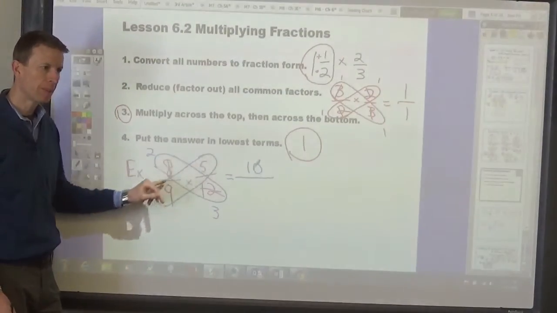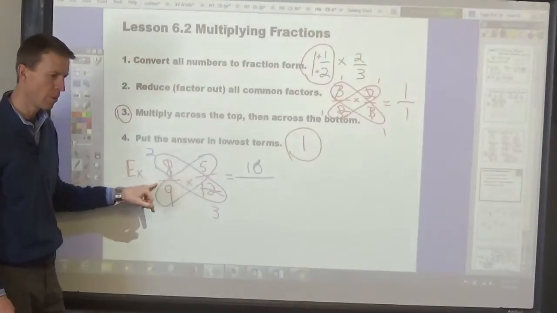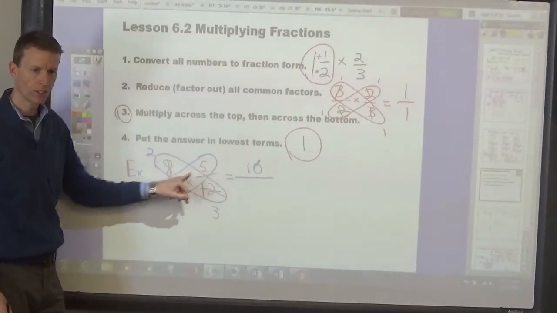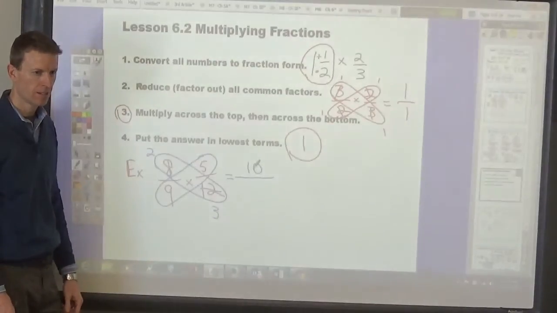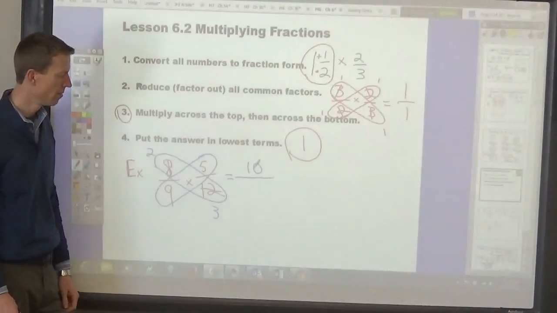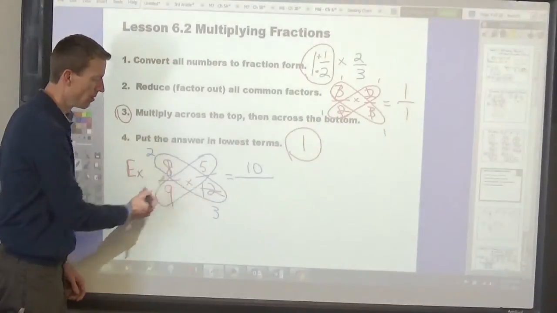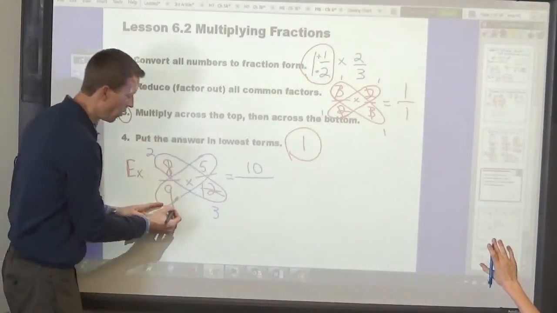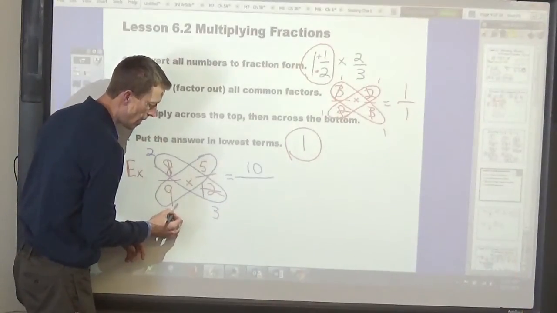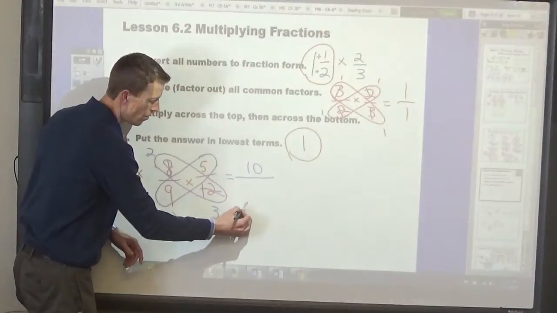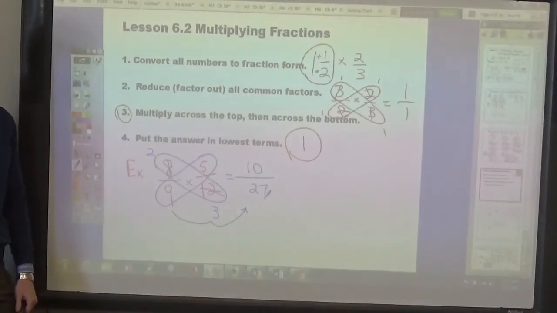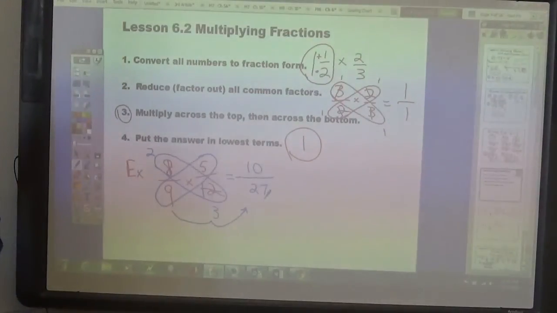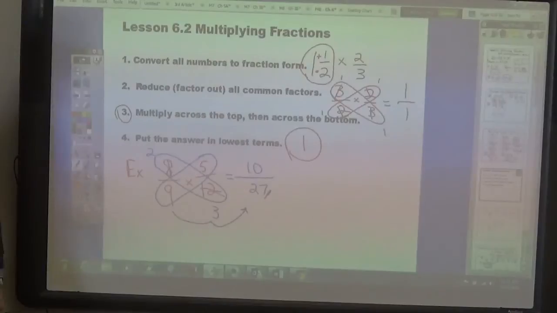They have to be on opposite sides of the division bar, the fraction bar. So the only thing we can do is multiply 9 and 3. 27. Okay? Questions on that? Okay.